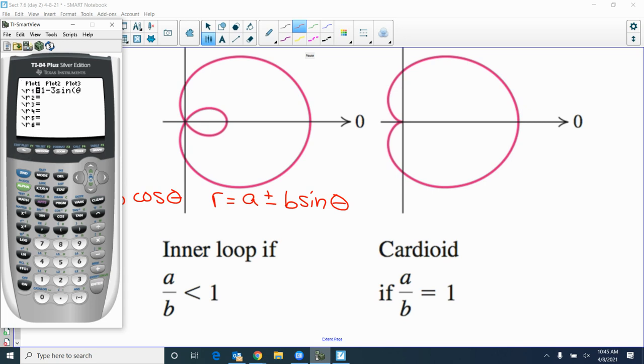All right, go to y equal, clear that out. Make it 4 sine of 2 theta. Do that. And graph. Whoa, okay.